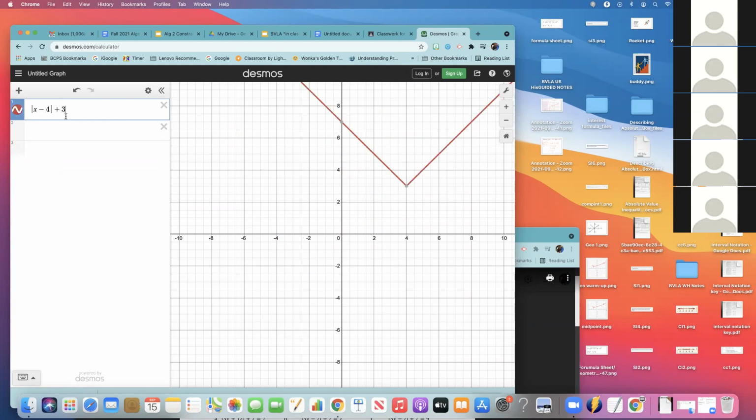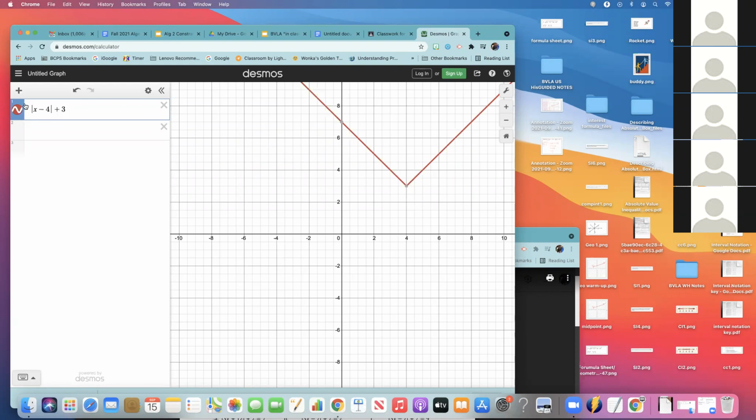Let's do +3. So you'll see that there's a shift horizontally in the vertex, and there's a shift vertically in the vertex, and those numbers come directly from the function equation. Okay, and I want you guys to see the relationship there.